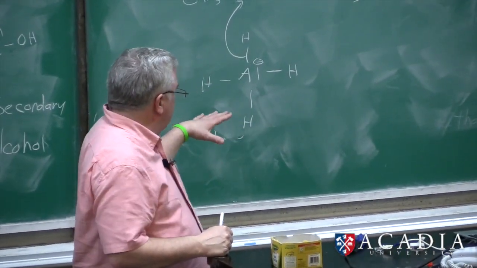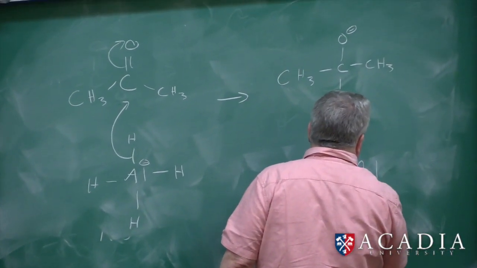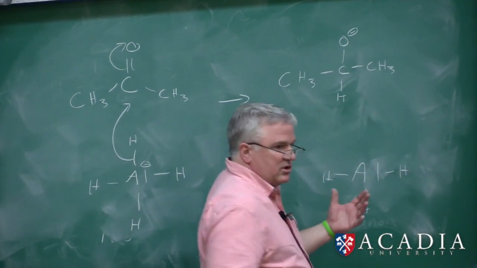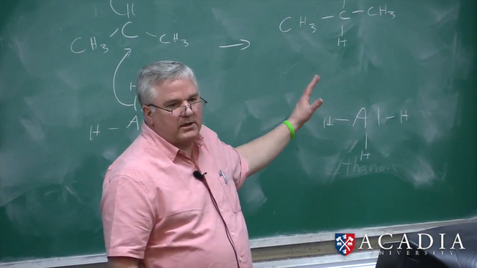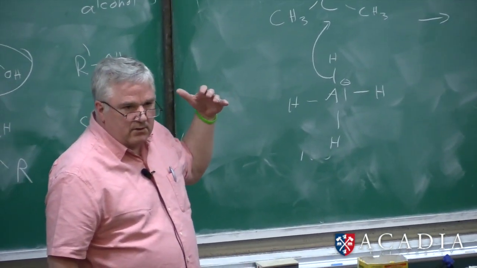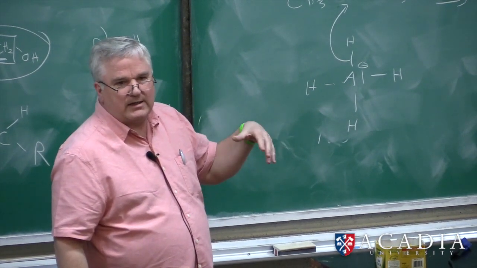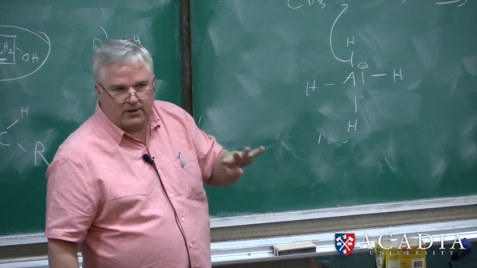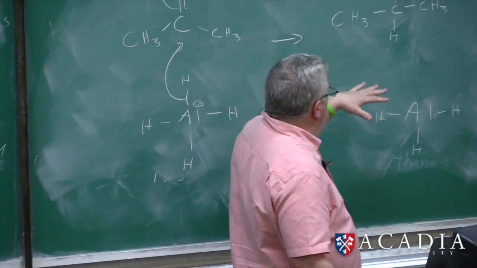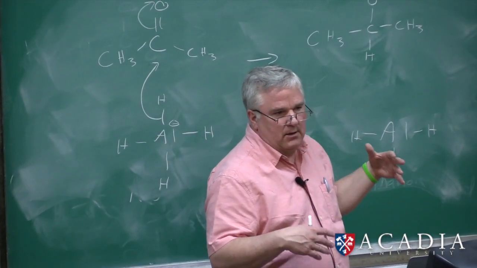It gets a little complicated. What ends up happening, we now have aluminum trihydride, which is a neutral compound, and that can go on and do further reactions. Okay? Each molecule of lithium aluminum hydride can actually reduce 4 carbonyl compounds. These are still reactive.